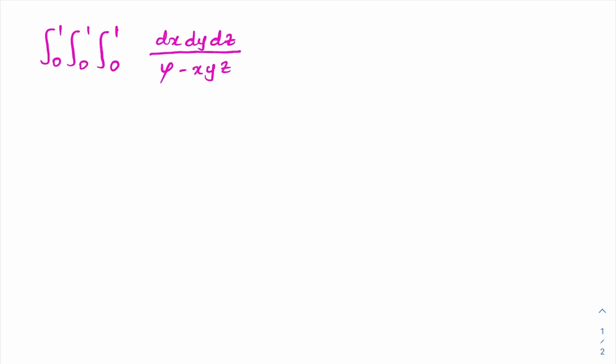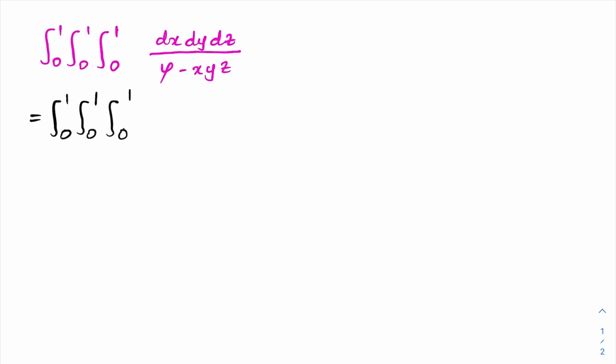In this video, we are going to solve this interesting triple integral from 0 to 1, integral from 0 to 1, integral from 0 to 1, dx dy dz over phi minus xyz. Here phi is the golden ratio. First, we have integral from 0 to 1, integral from 0 to 1, integral from 0 to 1.